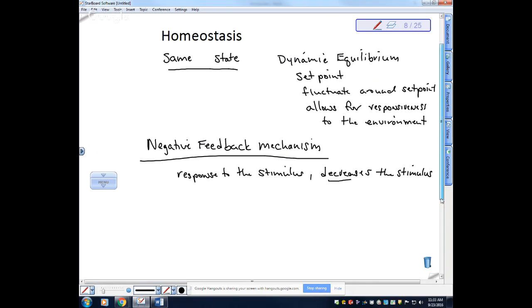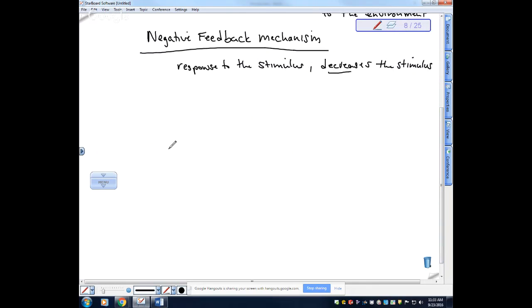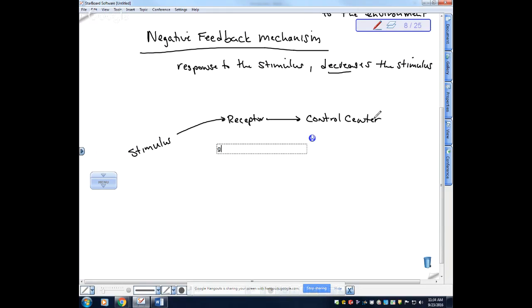So let's look at an example. I'm going to draw just a circular drawing here where we have a stimulus. And then the stimulus is picked up by a receptor that then sends it to a control center. The control center then sends it out to what is called an effector.